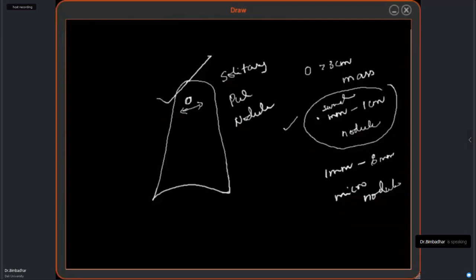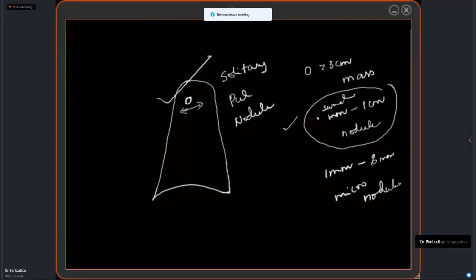For your knowledge, pulmonary hamartoma is a teratoma that shows popcorn calcifications. They show popcorn calcifications. What is the characteristic feature of pulmonary hamartoma? You can say popcorn calcifications.